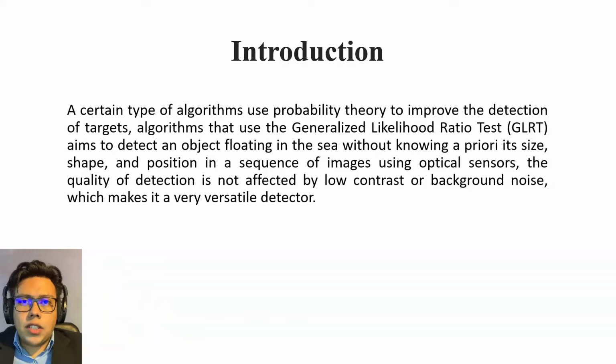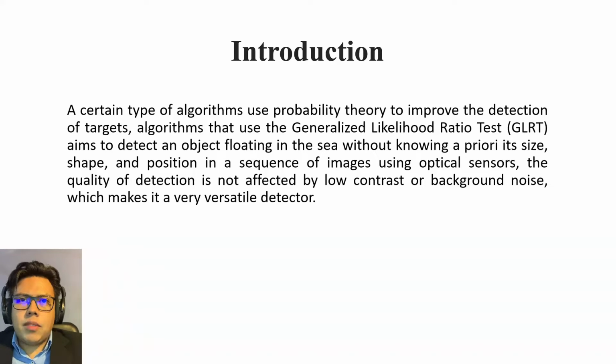There is a certain type of algorithms that use probability to improve the detection of targets of interest, and use a generalized likelihood ratio test, also known as GLRT.